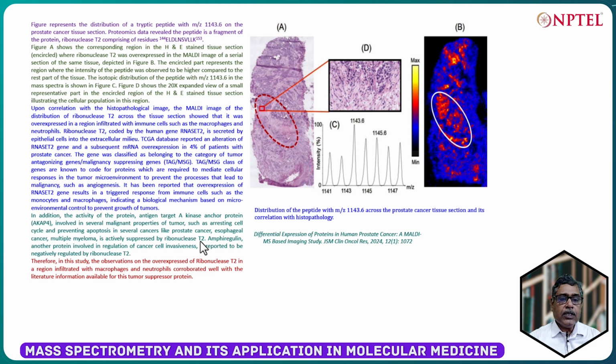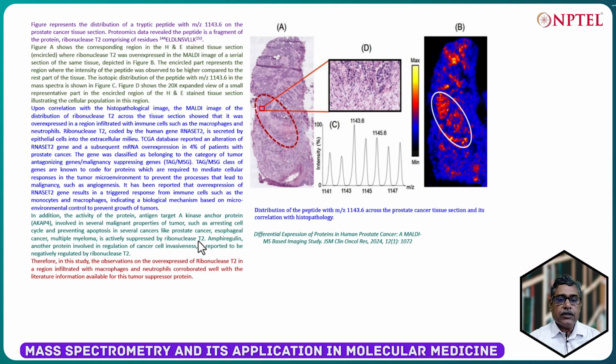So, what is it saying? The activity of AKAP4, involved in several malignant properties of tumor, like arresting the cell cycle and preventing apoptosis in several cancers, is actively suppressed by ribonuclease T2.